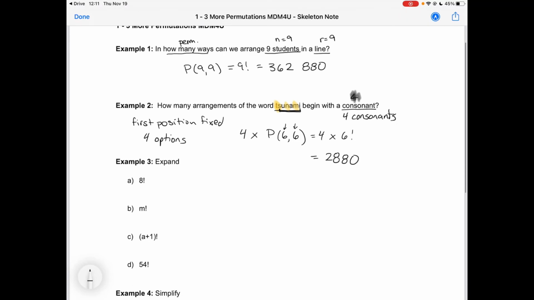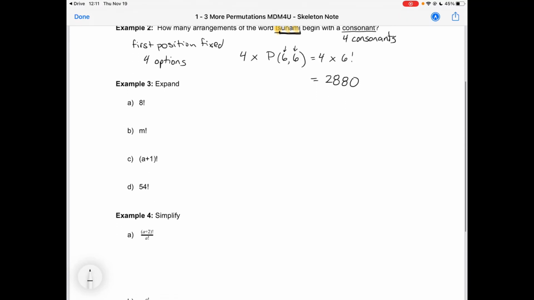The last 2 examples here are a little bit more work with factorials. So example 3, we're just going to expand. 8 factorial is 8 times 7 times 6 times 5 times 4 times 3 times 2 times 1. m factorial is m times m minus 1 times m minus 2 times m minus 3 all the way down to 3, 2, and then 1.